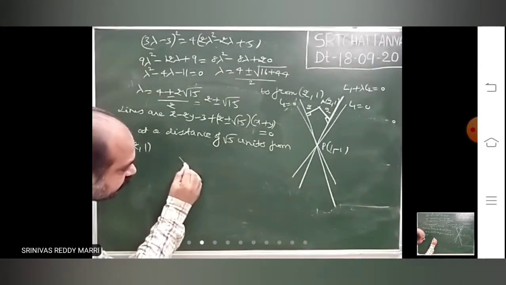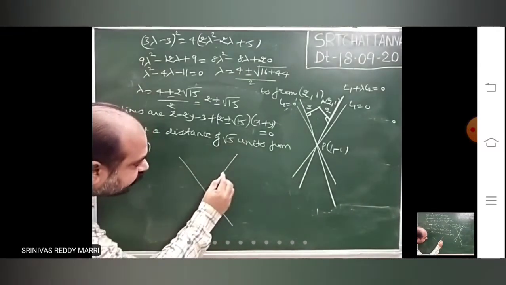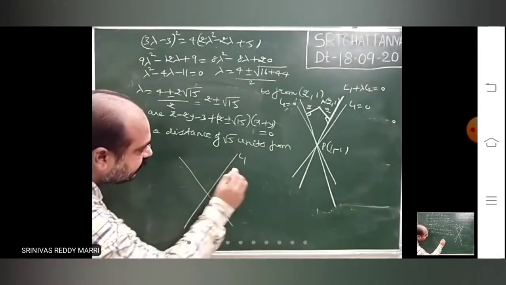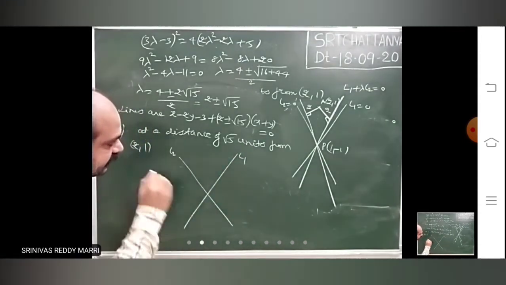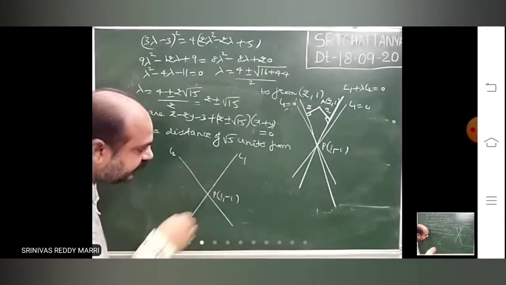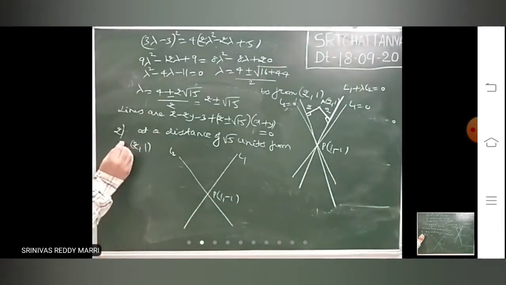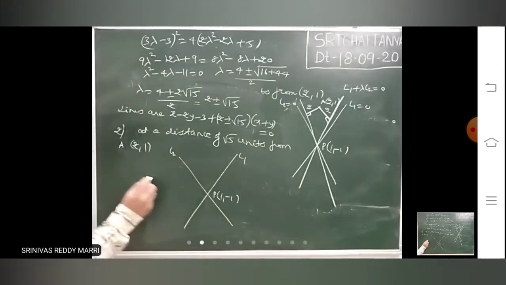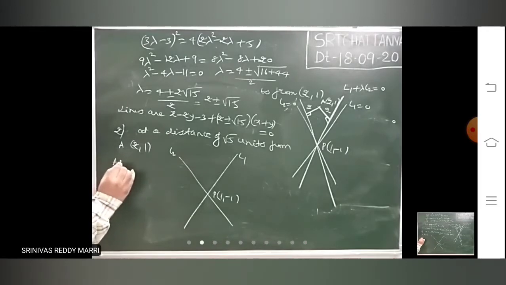Now you can observe one thing. If the problem is given, this is L1, this is L2. Find the point of intersection, P. Now let us say this is the point A, 2 comma 1. You can observe that the distance between this point and this point is root distance.